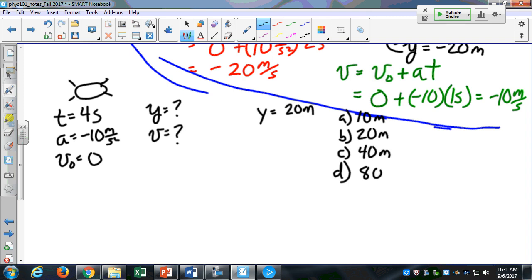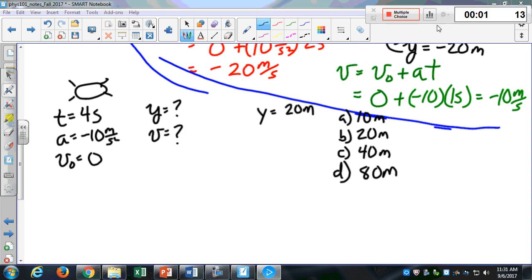Or maybe it's 80 meters. Let's try this. If I double the time, that is, in 2 seconds, I fall 20 meters, how far will I fall in 4 seconds? Will I fall 10 meters, 20 meters, 40 meters, or 80 meters?